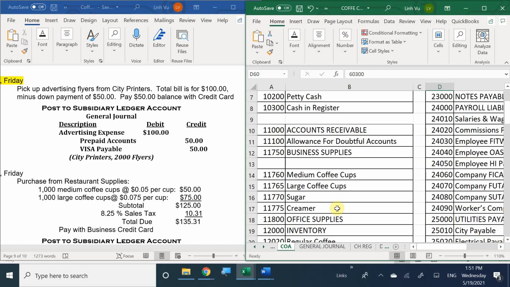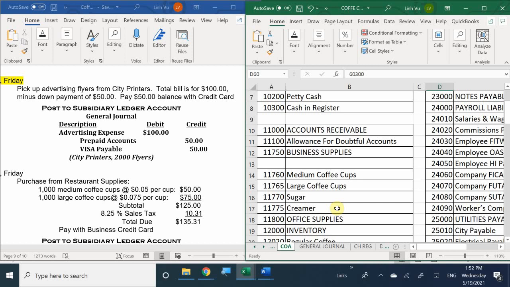So what I want you to do here is make the purchases of the supplies themselves and keep a tally of them. In this case, I made a purchase of 1,000 medium cups and a purchase of 1,000 large cups. The idea here is I'm purchasing supplies.